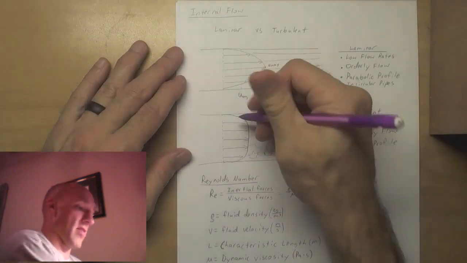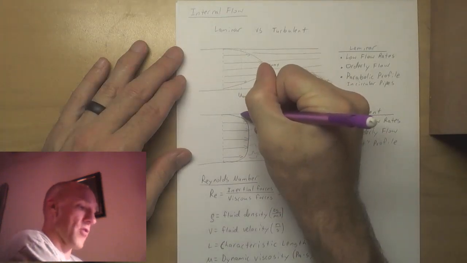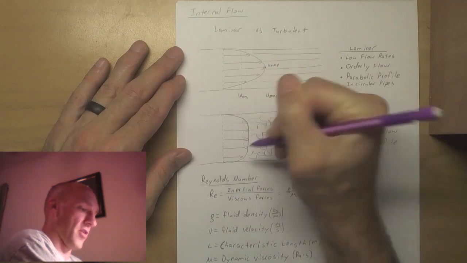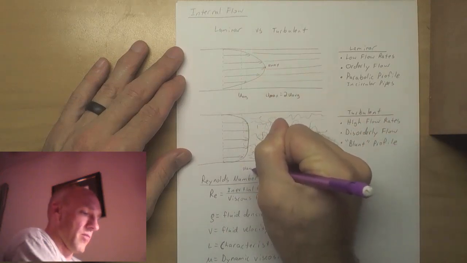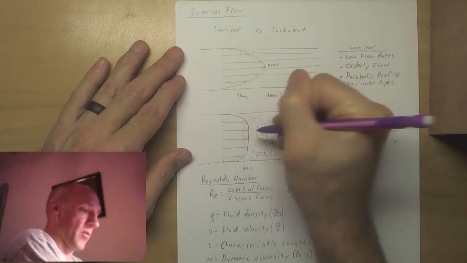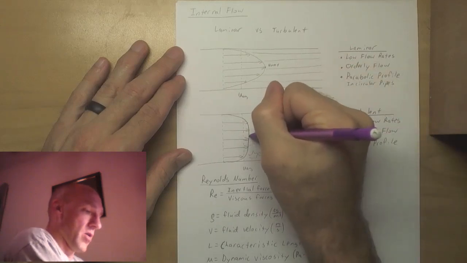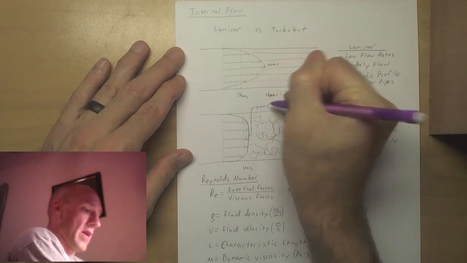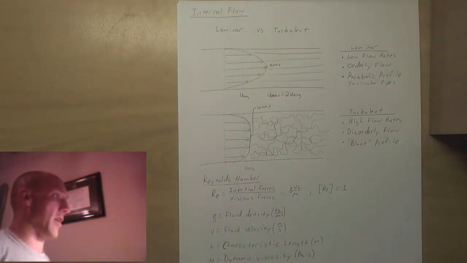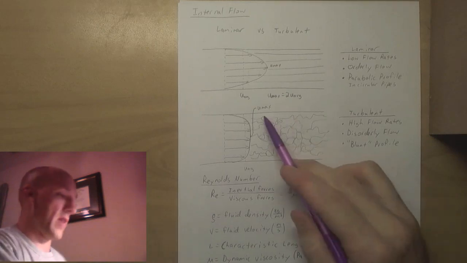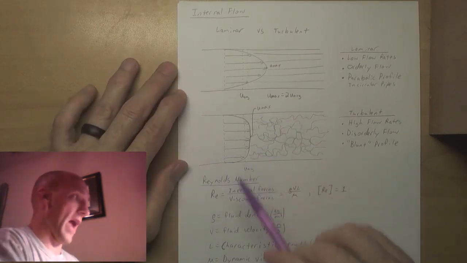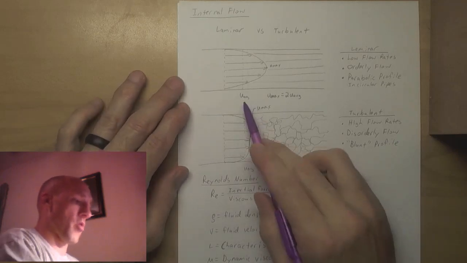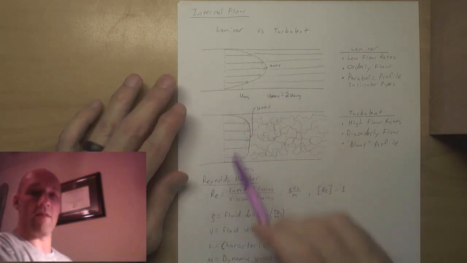So in this case, the average fluid velocity would be just under the peak value. There's no clear-cut correlation between the maximum and the average value, but they are very close together, much more so than was the case up here in laminar flow.